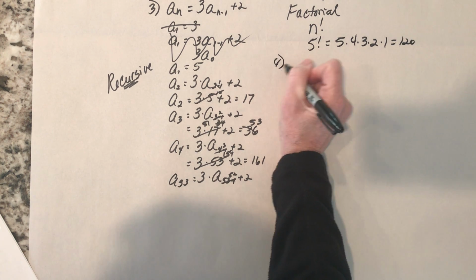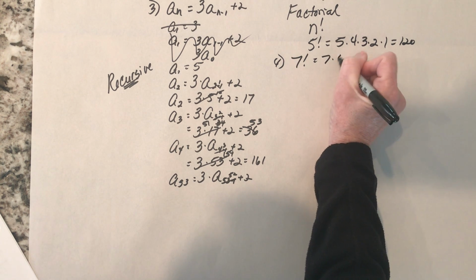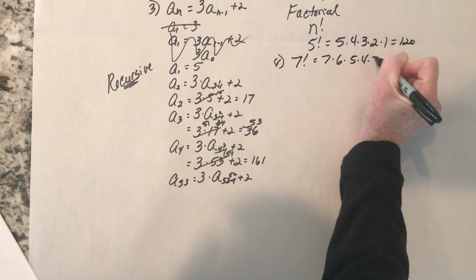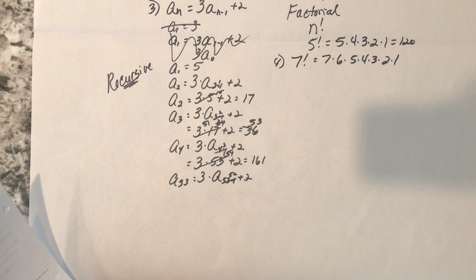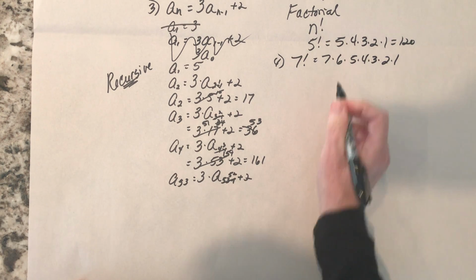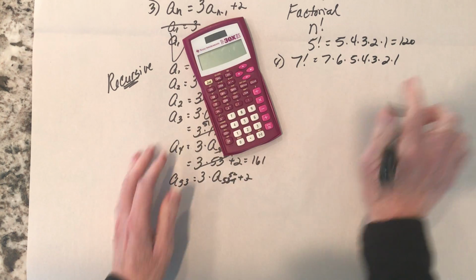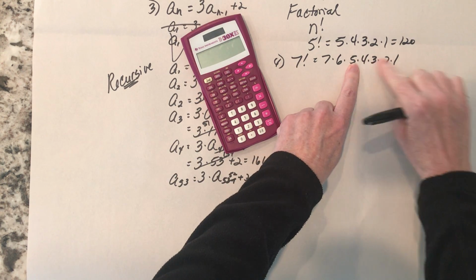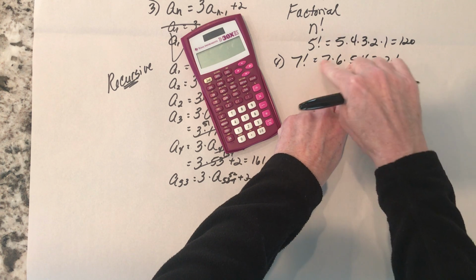So number 4 asks you to figure out what 7 factorial is. It's 7 times 6 times 5 times 4 times 3 times 2 times 1. That's kind of a nifty little thing. There is not a button on your calculator for that. We've already got 120, which takes us this far. So you could just take 120 and multiply it times 7 times 6.